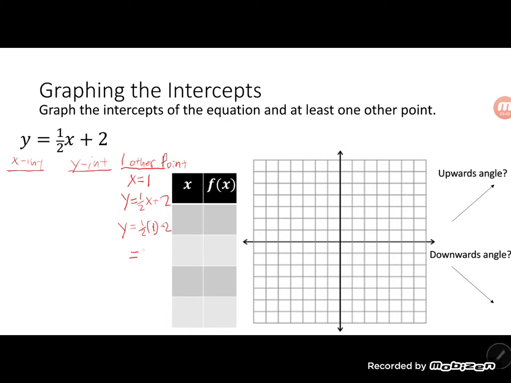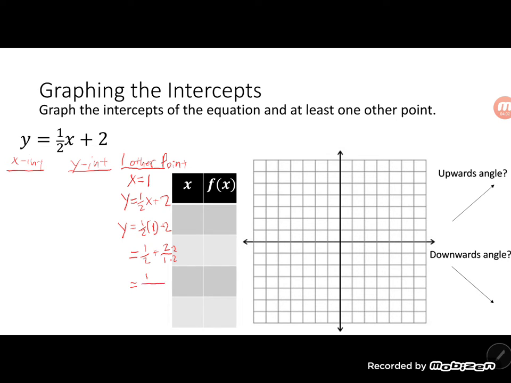1 times 1/2 is just 1/2, plus 2. Remember, when I want to add a fraction with something, it also has to be a fraction. So I'm going to make that a fraction over 1. Now they need to have the same common denominator, so I'm going to multiply the top and bottom by 2.